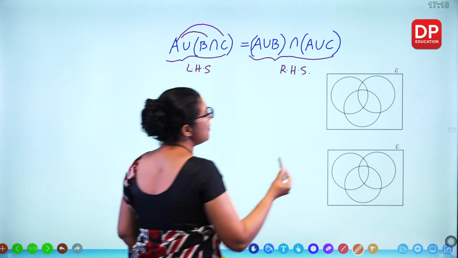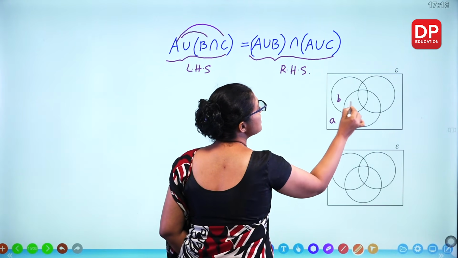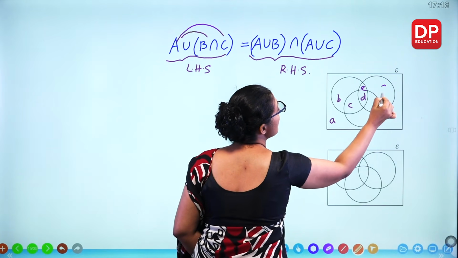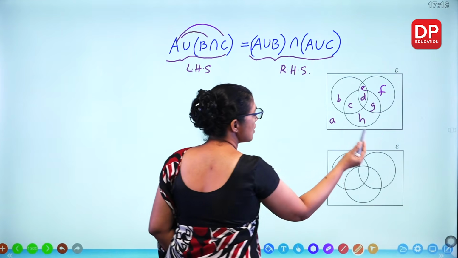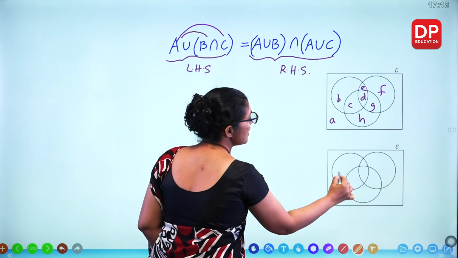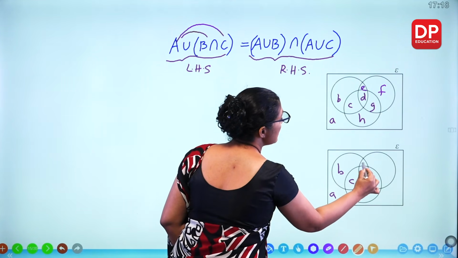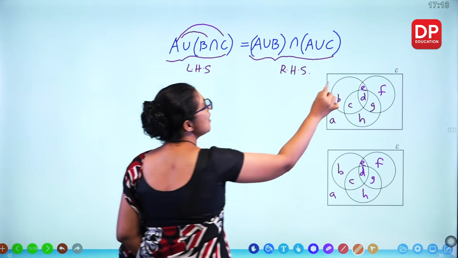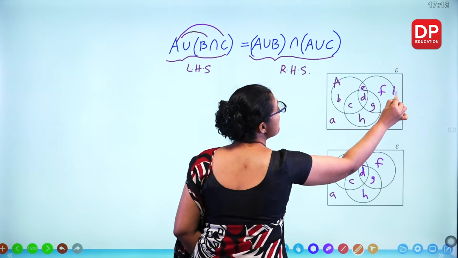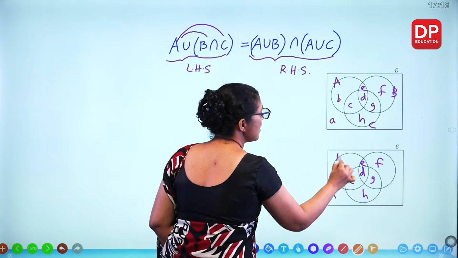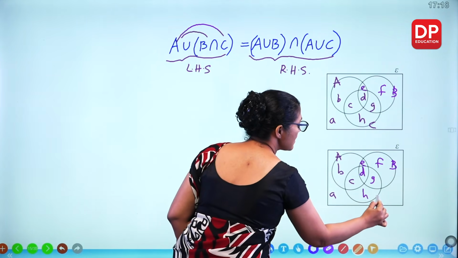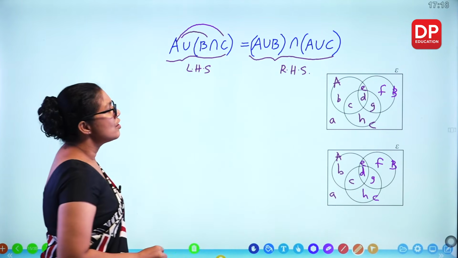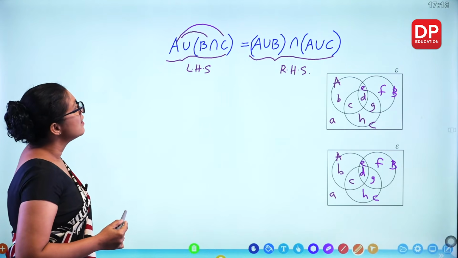Now we'll label A, B, C, D, E, F, G, H. So same thing we'll write here, A, B, C, D, E, F, G, H, and we'll label this is A, B and C. Here also A, B, C.